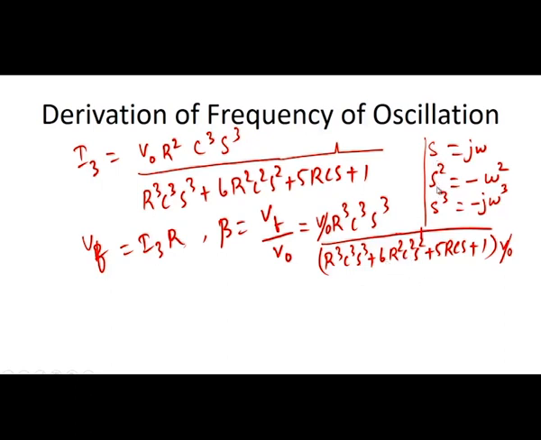Now, you substitute S is equal to j omega, these values in this equation. You have beta is equal to S cube will have minus j omega cube.